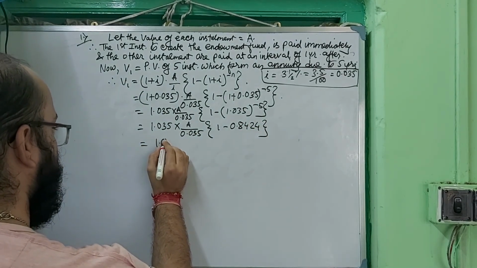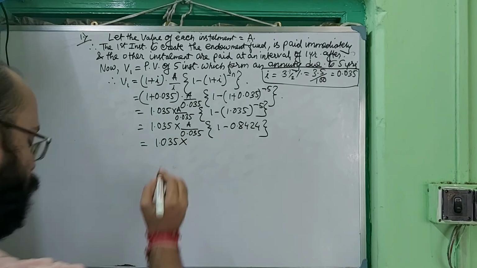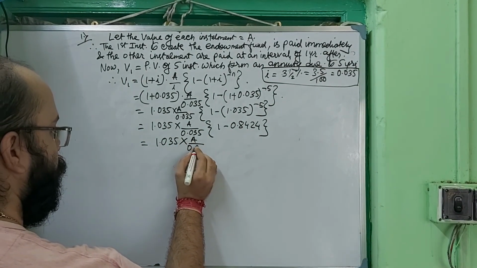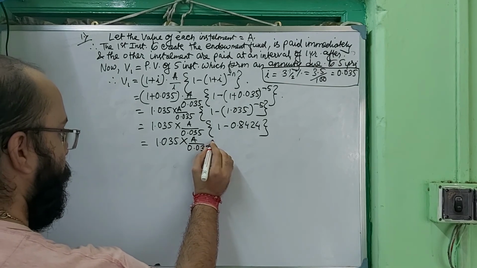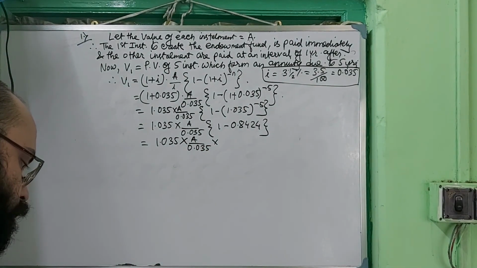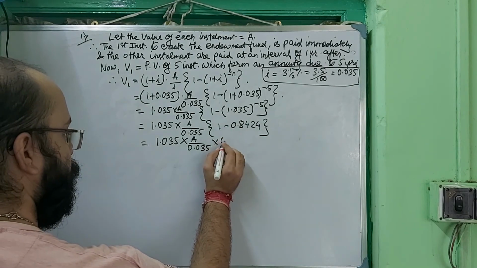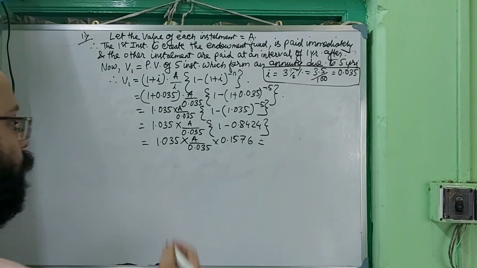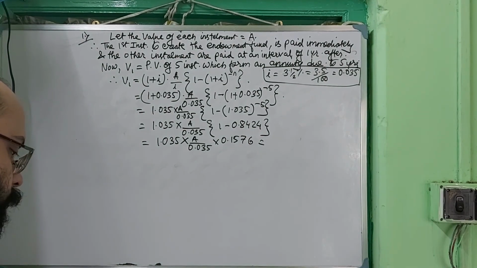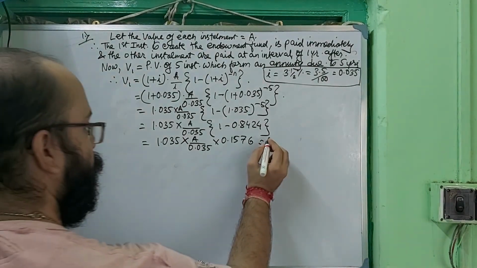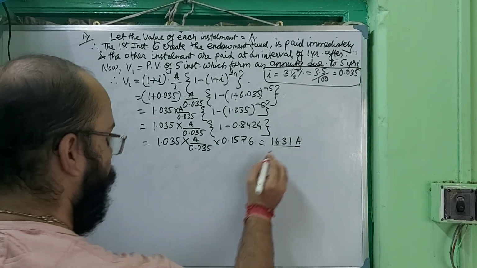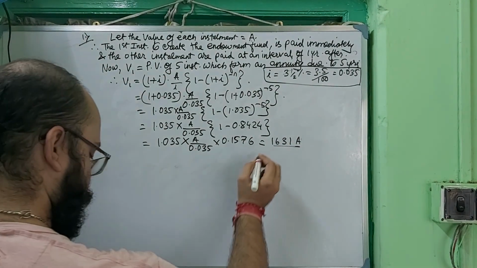So 1.035 into A by 0.035 into 0.1576. If you calculate it, you will get 1631A by 350.